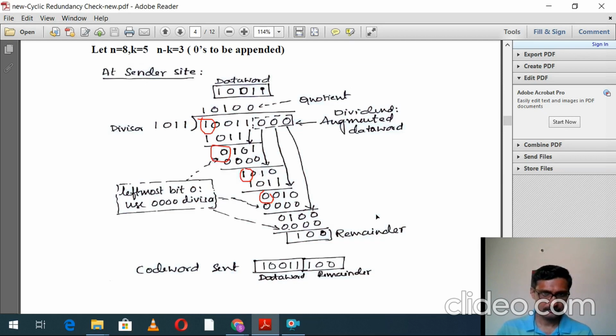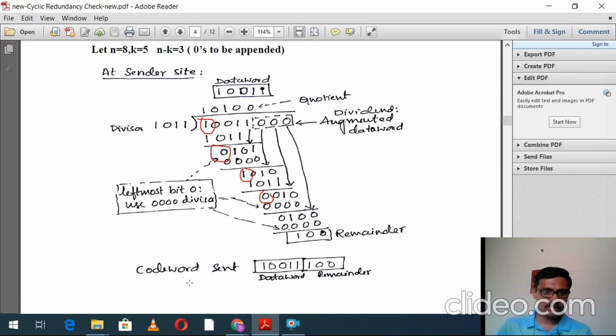Perform XOR: 1 XOR 0 is 1, 0 XOR 0 is 0, 0 XOR 0 is 0. So we got 1, 0, 0 as the remainder. Remember, the number of bits in the remainder is equal to the number of zeros appended to form the augmented data word, so that is 3 here.